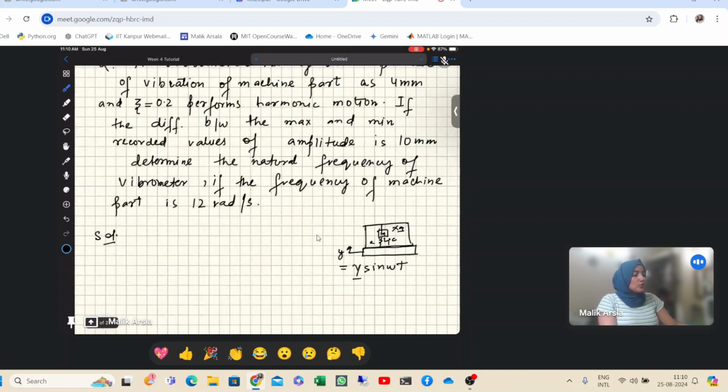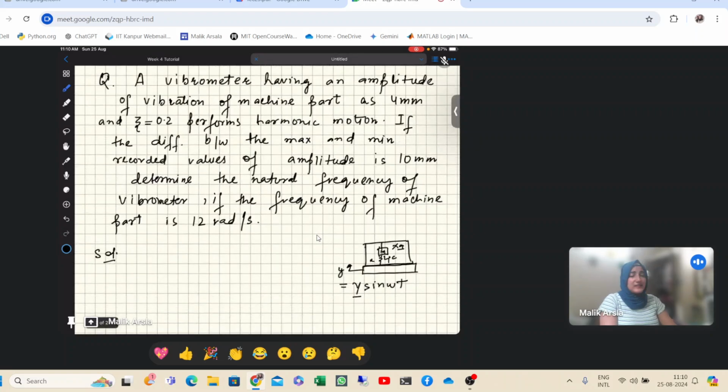We know that whatever we record from the vibrometer or any vibration pickup is basically a relative term. Obviously, we use them for that purpose only, because they are vibration measurement instruments. So they measure the relative part.